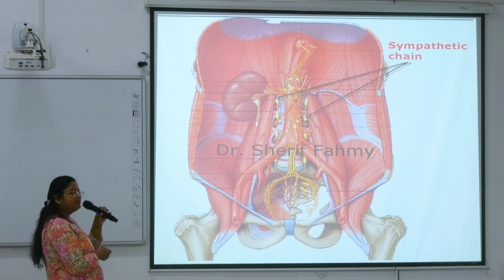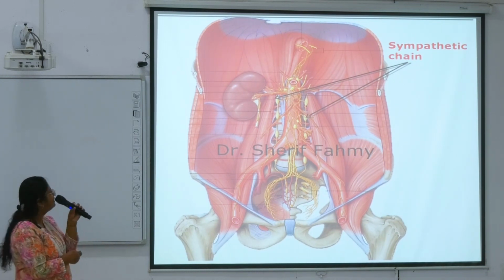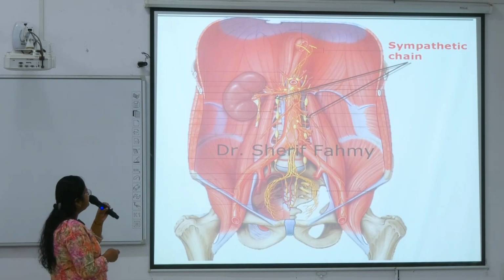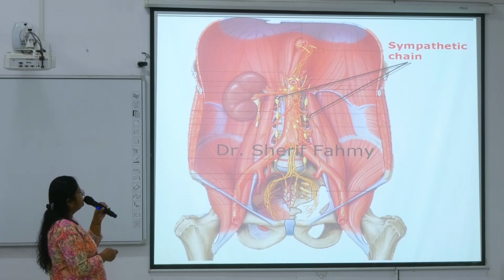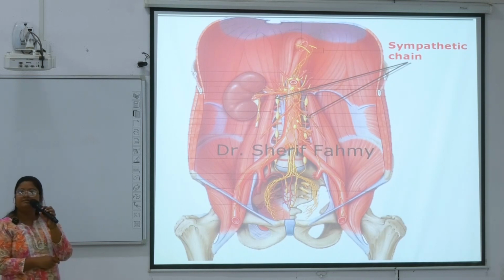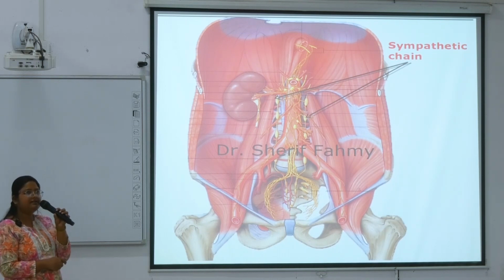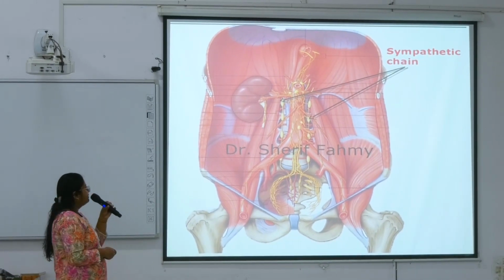The right one is lying on the right side, mainly this part is occupied by the inferior vena cava. And see here, these are the plexuses: celiac plexus, superior mesenteric plexus and inferior mesenteric plexus, formed by sympathetic and parasympathetic nerves, mainly sympathetic. Ganglia are also formed.